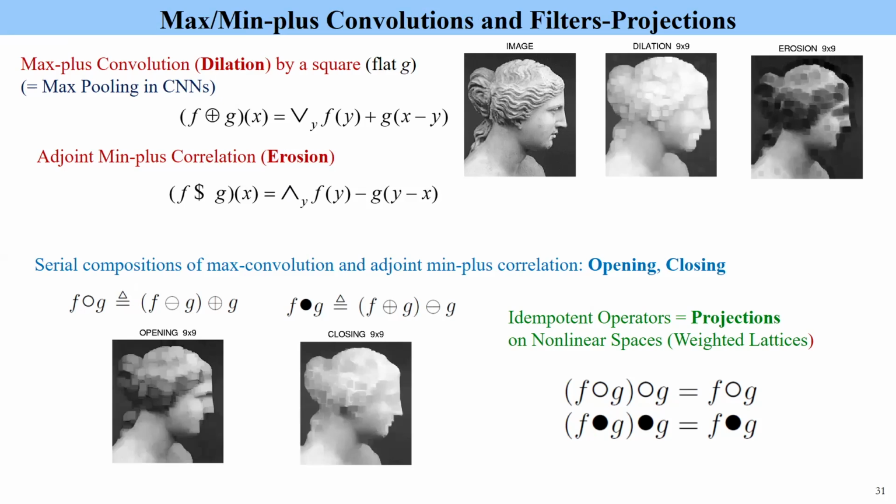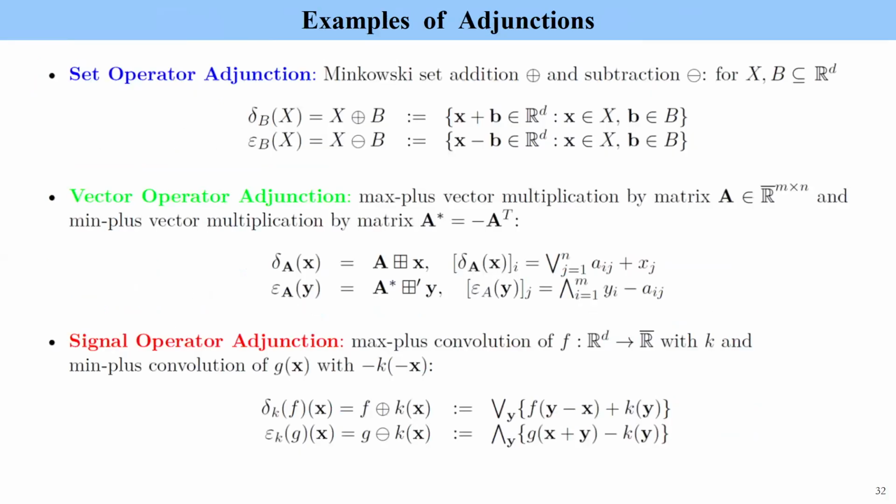It's a min plus correlation, but they are in a form that if you cascade the two of them, you obtain idempotent operators. You obtain filterings, projections of the original gray image into something that is smoother, but has a better preservation of its edges than linear smoothing filters used in computer vision, like Gaussians. So this idea of always using pairs of dilations and erosions is one of the benefits of working with operators on lattices.